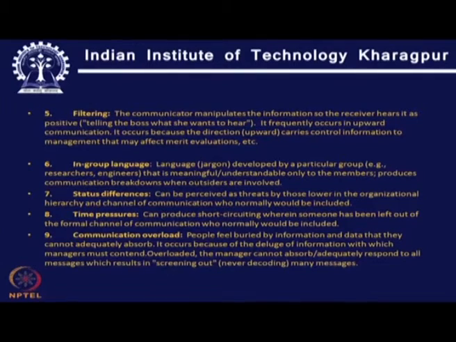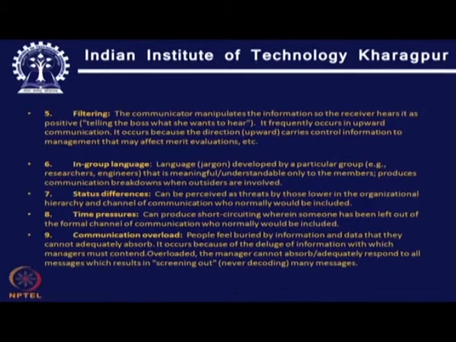Then there is in-group language, certain group languages and jargons developed by the members within a group, which only that group's members understand and others do not. So, we have to be careful of using those words in a particular situation.